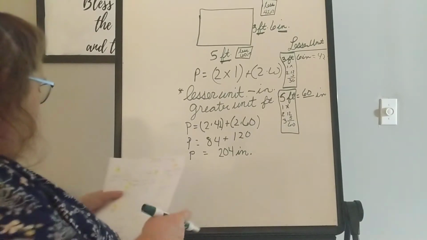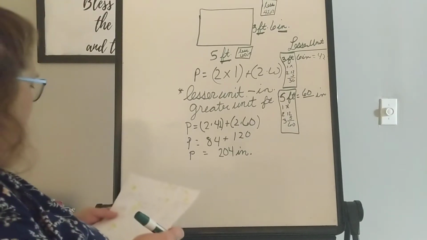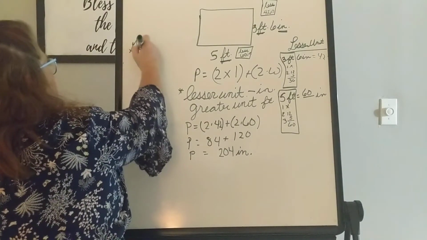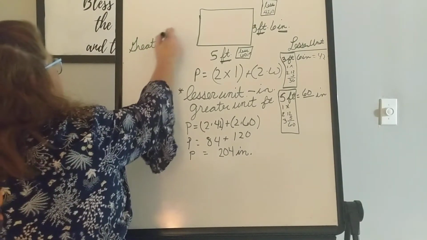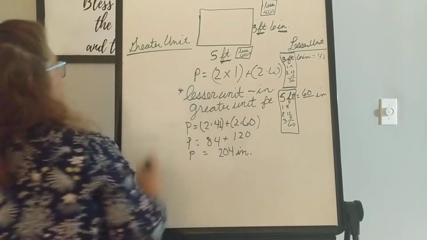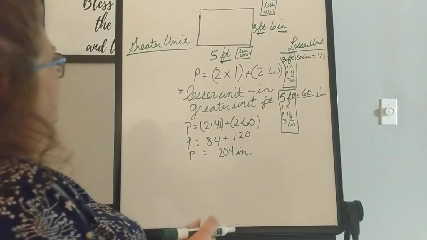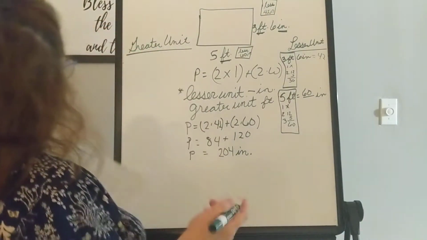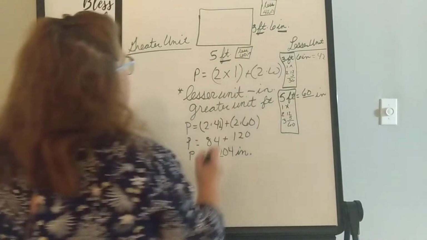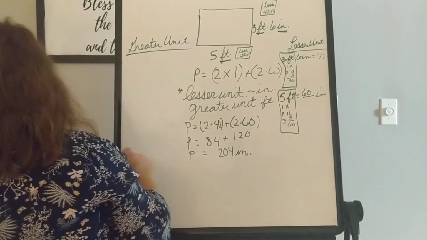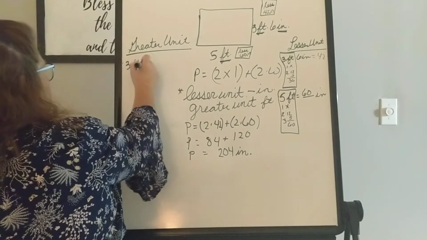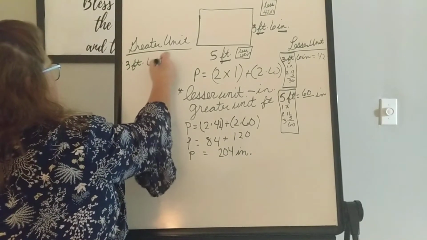Cool, easy breezy, right? All right, so now I'm going to come over here and I'm going to write greater unit. Okay? So to find the greater unit of measurement, we are going to have to use feet. We need to turn those 6 inches into feet. So over here, we have 3 feet, 6 inches.